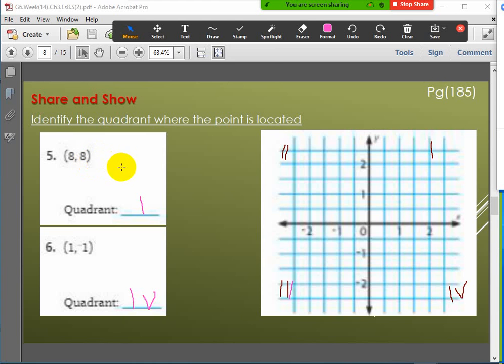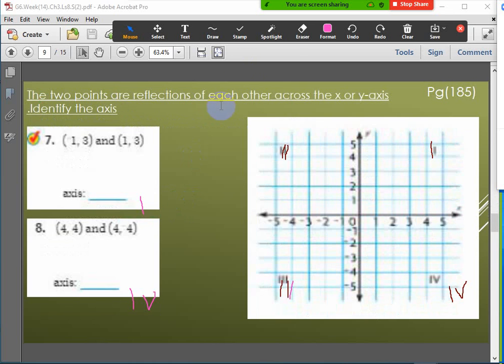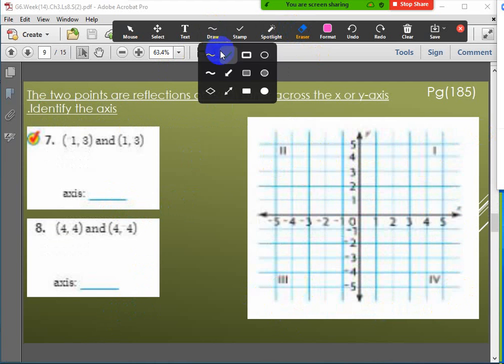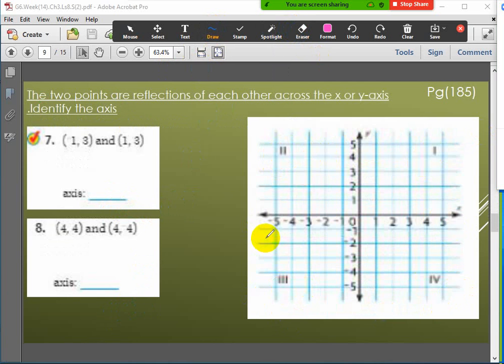Now we will talk about the line of symmetry. Do you remember when we talked about the line of symmetry and I told you x and y axes will be a line of symmetry?